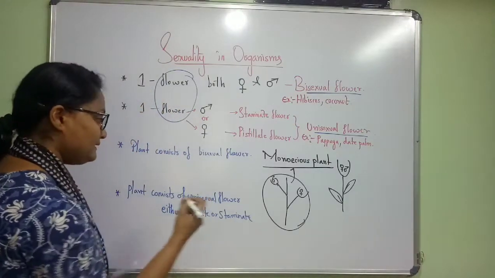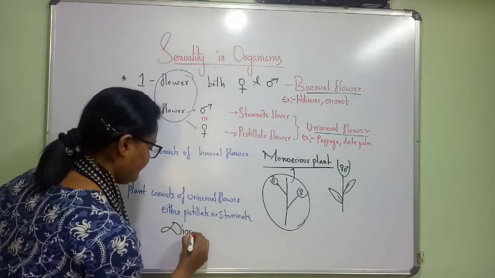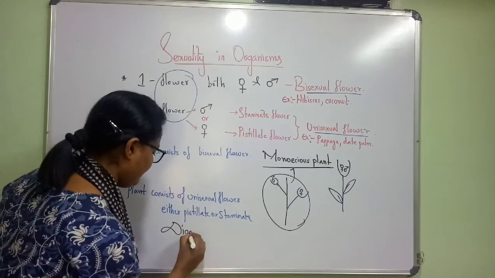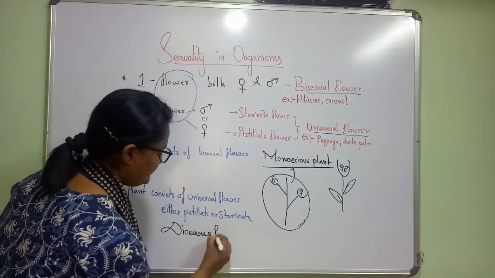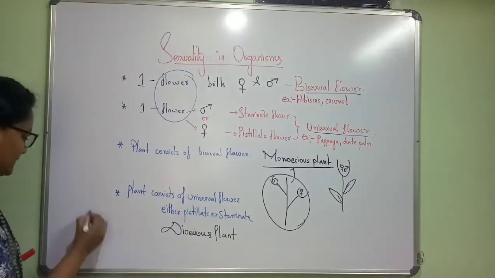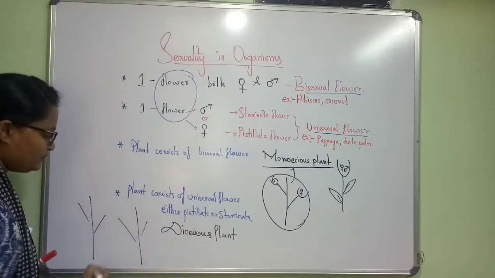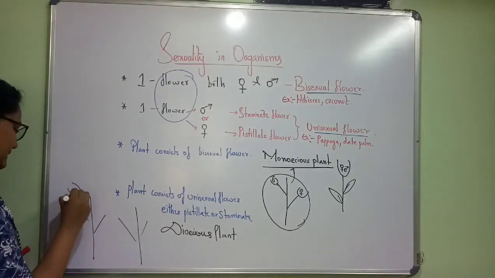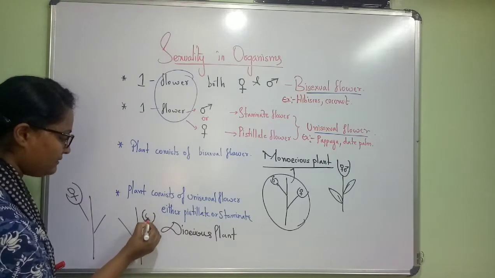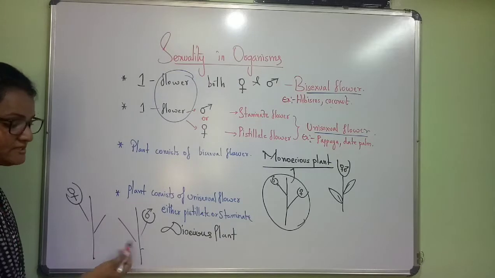Like example, this we call as dioecious plant. Okay, let me explain you. This is a plant. Just imagine two plants. One plant contains female flower, one plant contains male flower. So this is now called as dioecious plant.